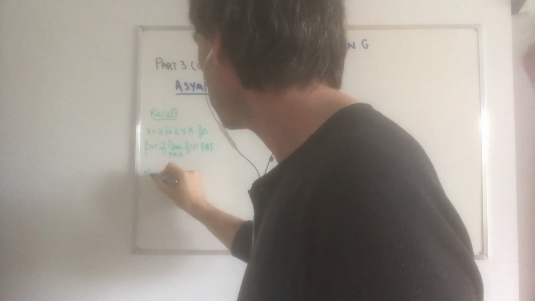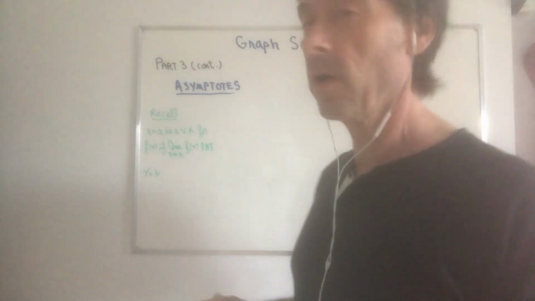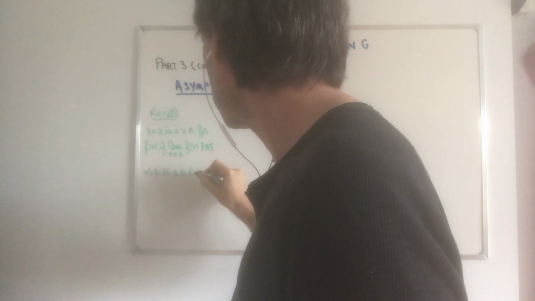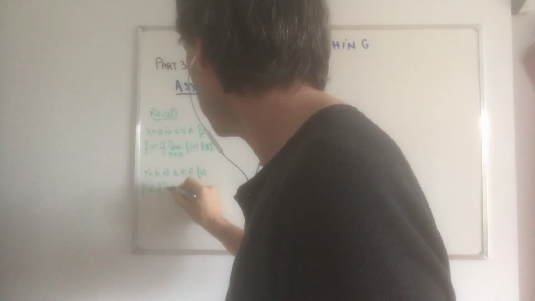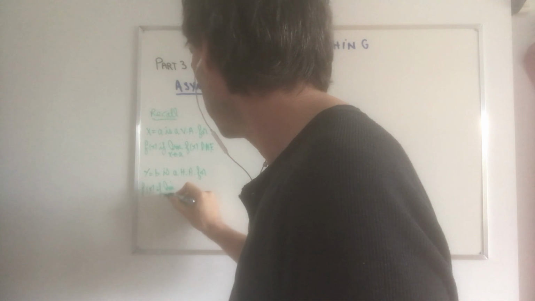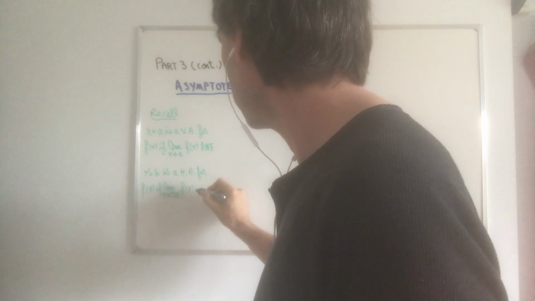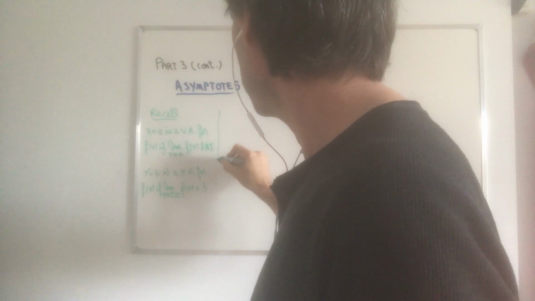And we also saw that it's possible to have a horizontal asymptote, so y equals b is a horizontal asymptote for f of x if, this time around, the limit at infinity, actually at both infinities, plus and minus infinity, gives us b. Okay, so this is what we saw last time.